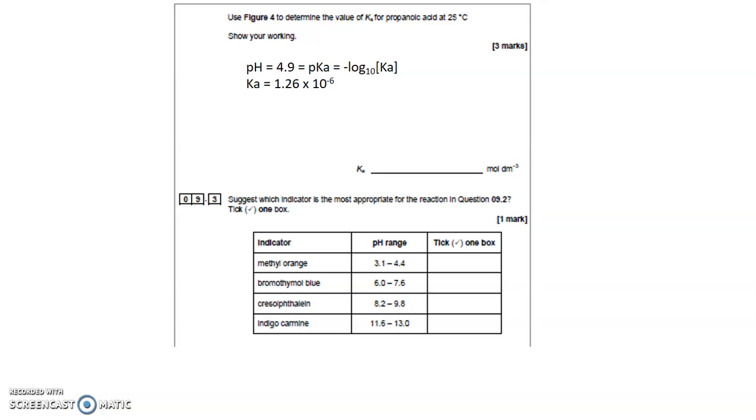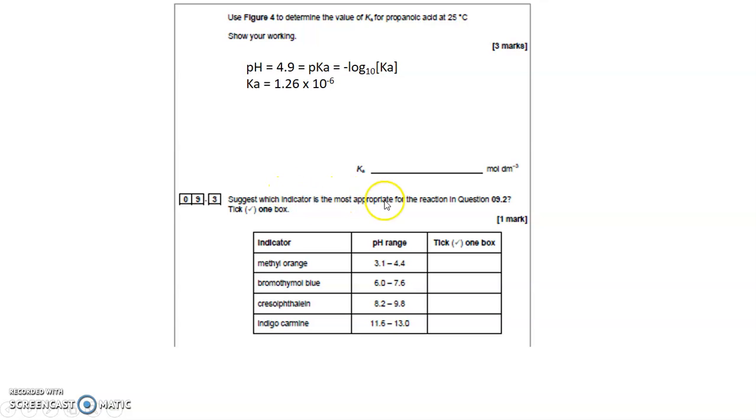So 4.9 equals pKa, which equals minus log to the base 10 of Ka. So 4.9 is minus log to the base 10 of Ka, minus 4.9 is log to the base 10 of Ka. Inverse log of minus 4.9 is 1.26 times 10 to the minus 6, that's the Ka.